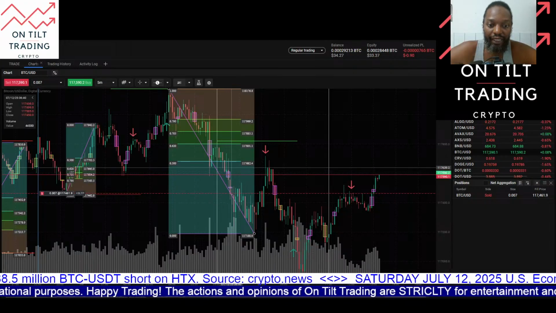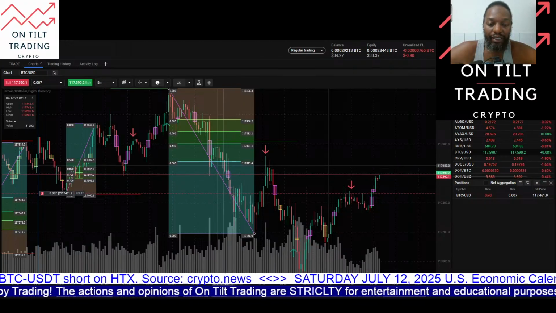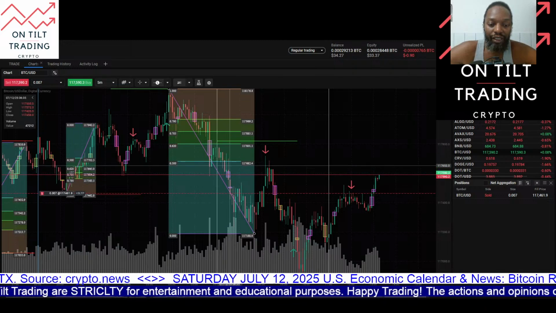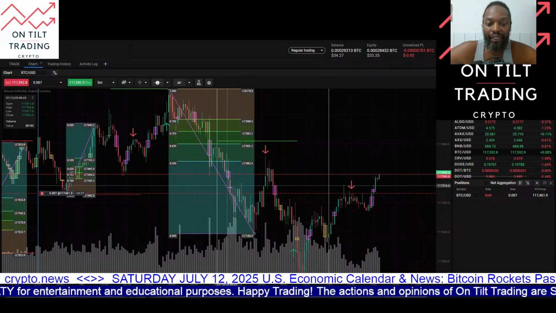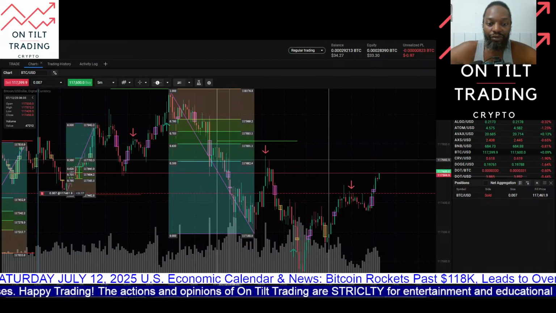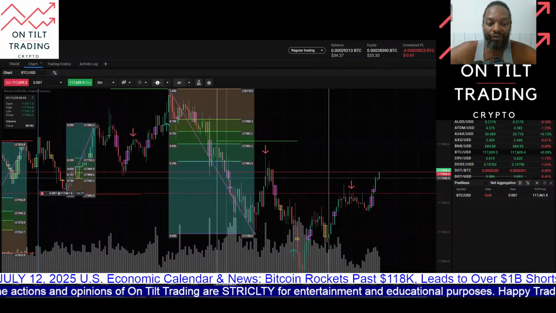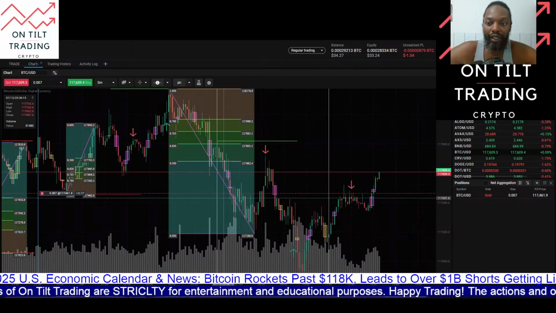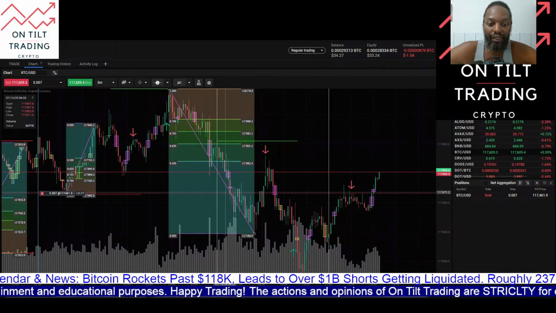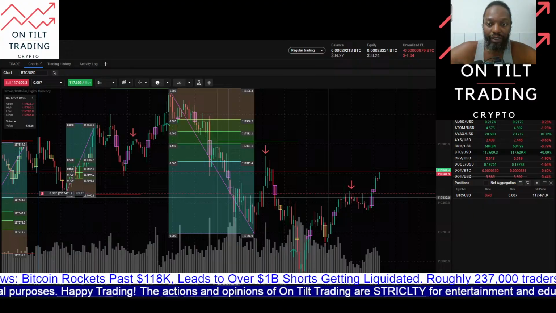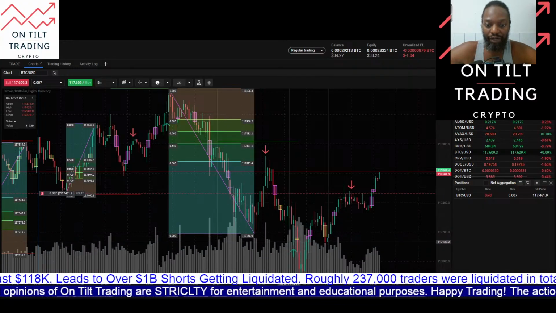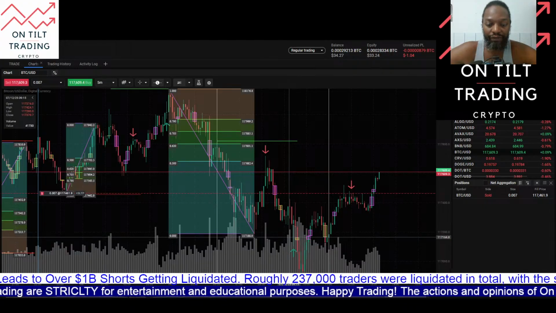So using that, I just set a measured move off of the range of the fair value gap candle series. So these three candles, I just subtracted the low of the range from the high of the range, and then multiplied by 90% and subtracted that from the lower end of the range to get the measured move, and I was able to take profits down here at this level.